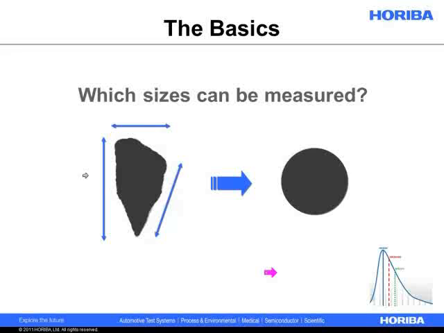So what sizes can be measured? Many different technologies will take a real-world particle with all sorts of different size definitions and basically compress it into a sphere or a circle, because it's easy to solve a lot of the complex mathematics that you need in order to get particle size from the raw data.